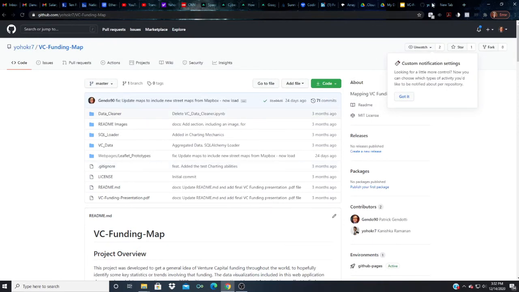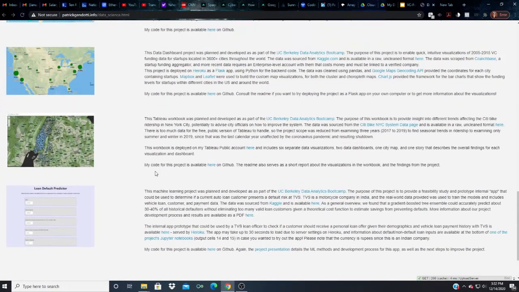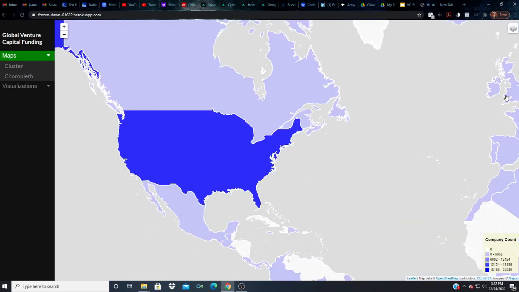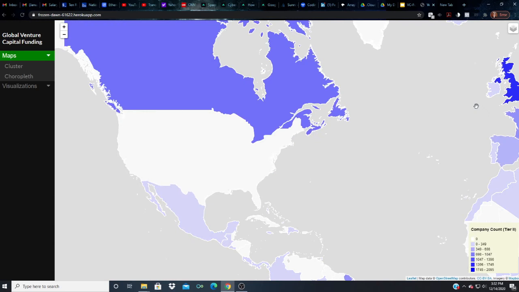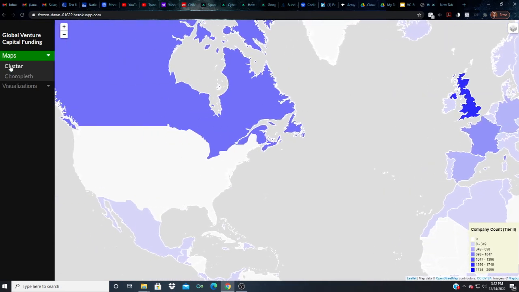Let's do an example of a finding. One thing we could find with the data set: with the choropleth, we were looking at it and it shows the United States, and after the United States, it shows Canada and the UK. It shows almost 1,200 companies in Canada.